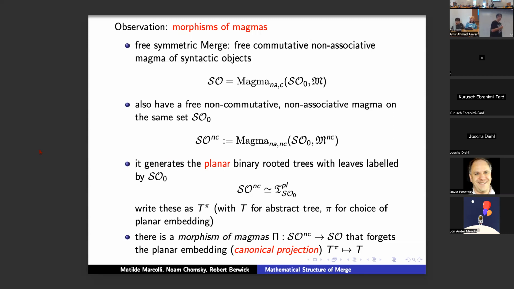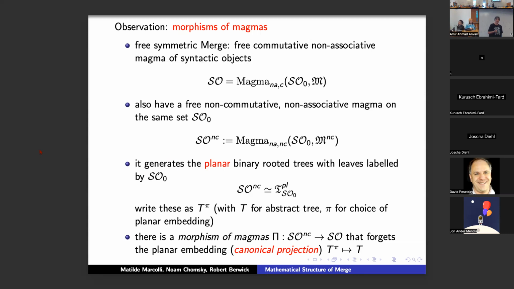This one is also a well-known generative process: mathematicians know it as the generative process of planar binary rooted trees with the leaves decorated by the set of lexical items.